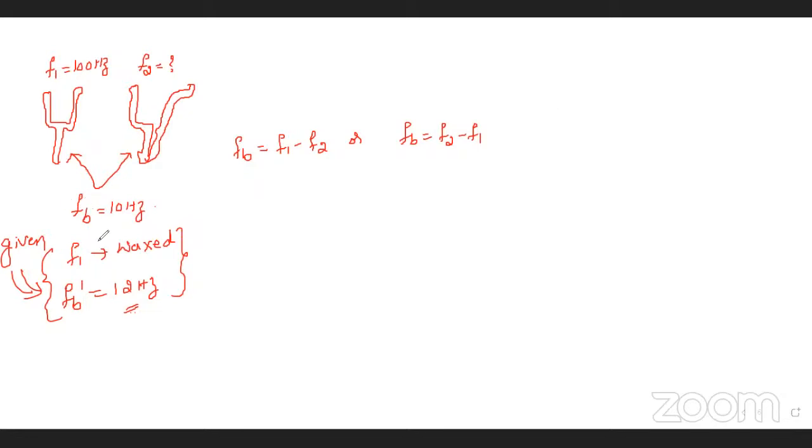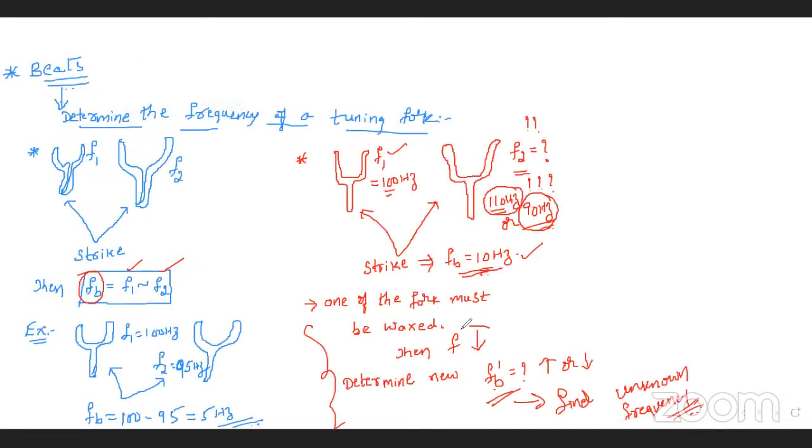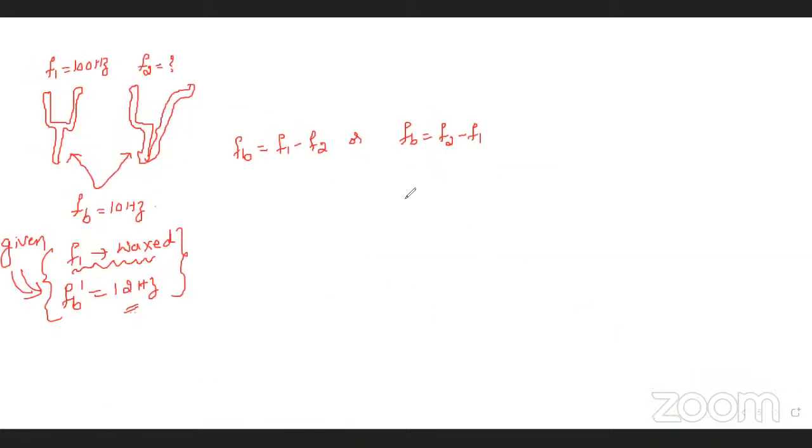Clearly in this problem they are telling that F1 is waxed. Which tuning fork will be waxed? What will happen to that particular frequency? Whichever frequency you wax, what happens to that frequency? It will decrease. So F1 will be decreased here. F1 is reduced.